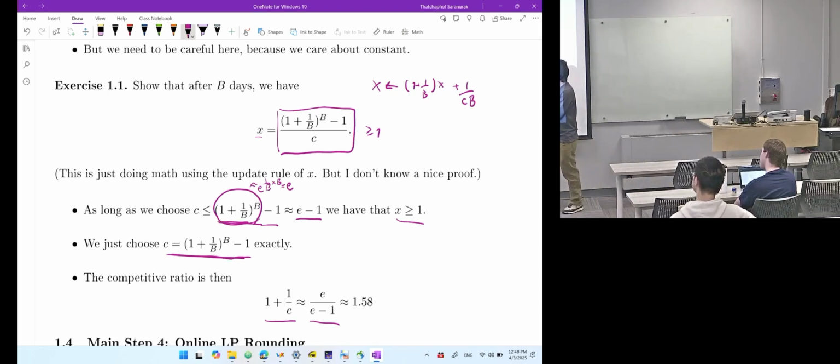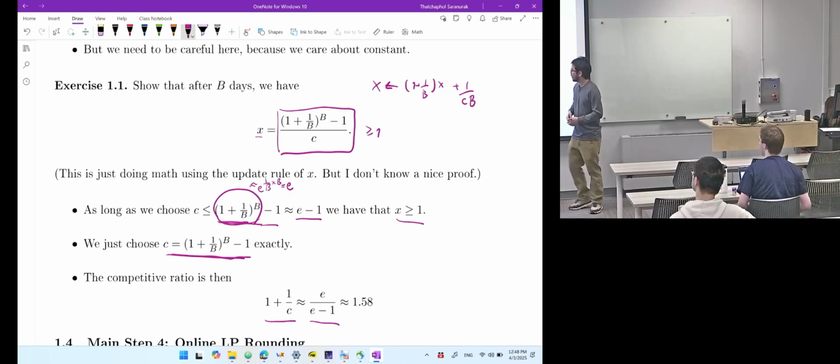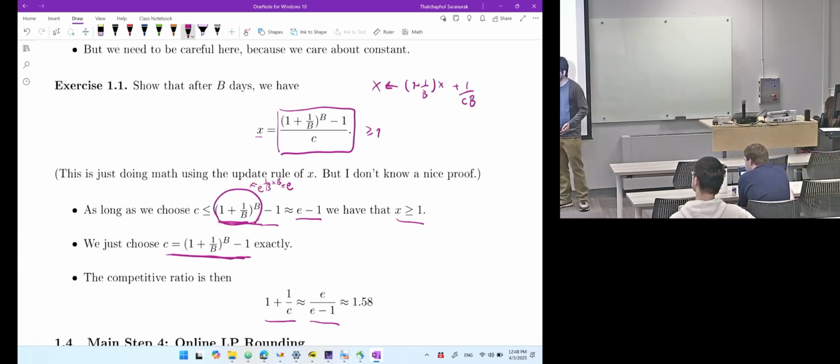So just by setting c small enough, you know that a dual solution is feasible. You're going to finish after b days, and you get this cumulative ratio.